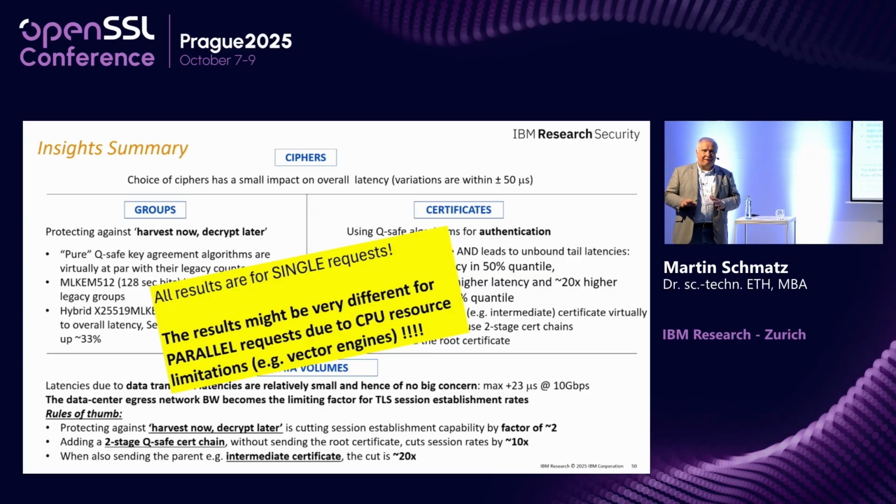So be careful in thinking of what the overarching optimization of the code might do in a situation where you have massive amounts of parallel requests coming in, because they are starting to fight for CPU resources, in particular vector engines.